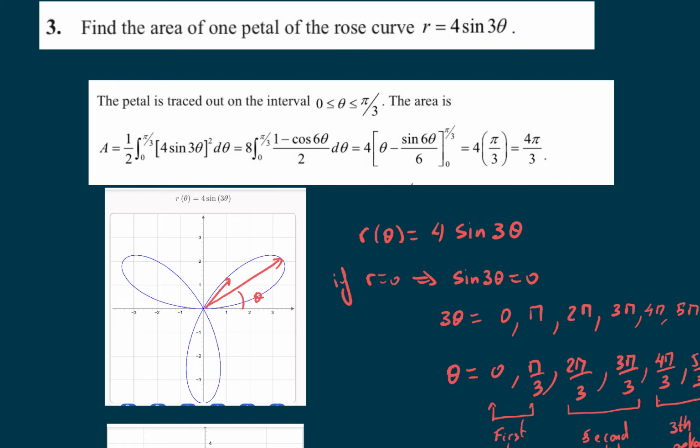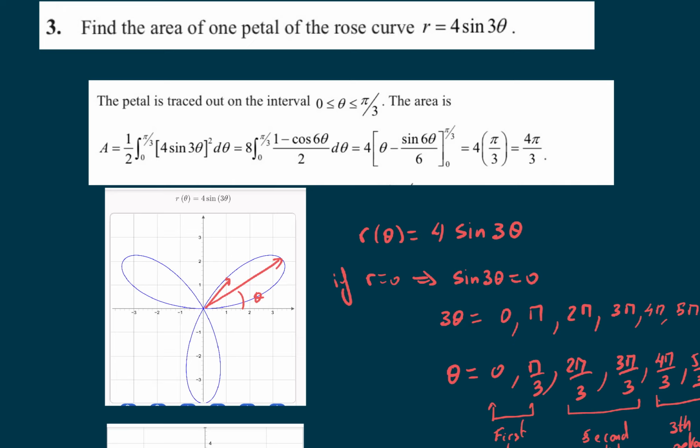So when r of theta is 0, it is because sine of 3 theta is 0. If sine of 3 theta is 0, it is because 3 theta should be 0 or pi or 2 pi or 3 pi or 4 pi or 5 pi or whatever you can imagine. If you go again and again around, you will find many thetas.